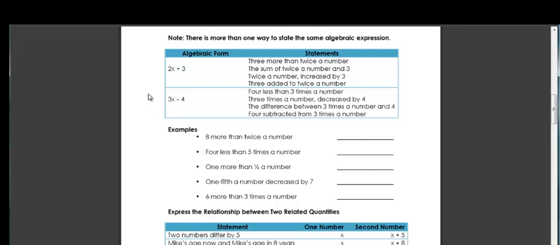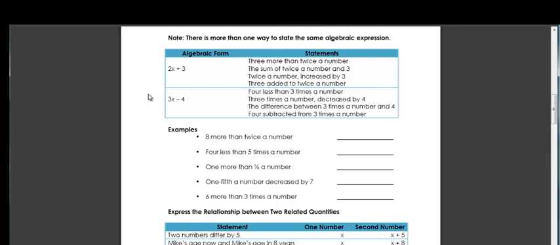Okay, the next example says 1/5 a number decreased by 7. So just like above with the 1/2, only this time you're doing 1/5, so you're going to have 1 over 5 x, and then decreased by 7, that means minus 7. Okay, the last example.